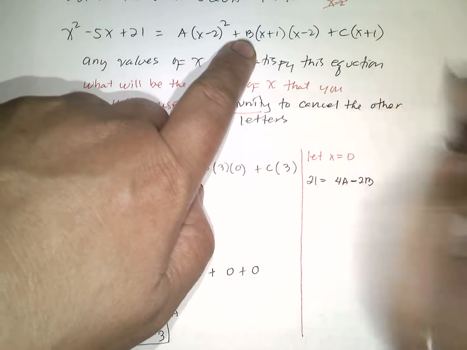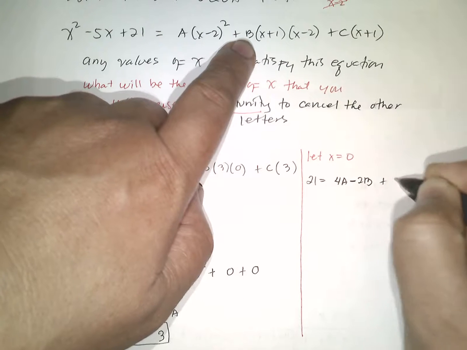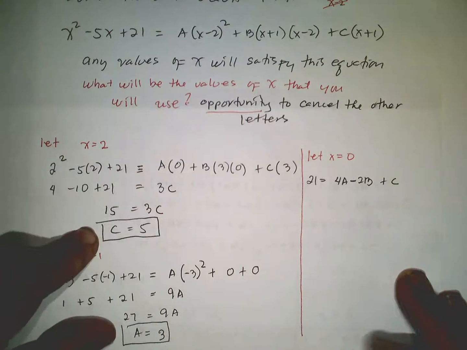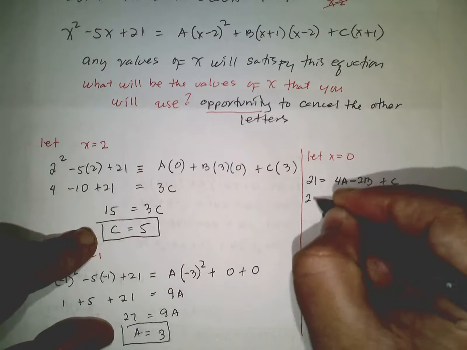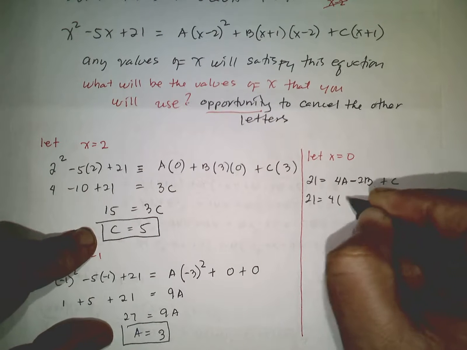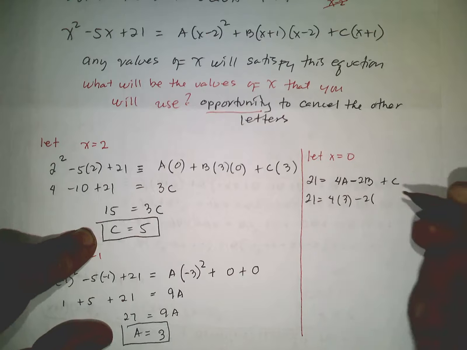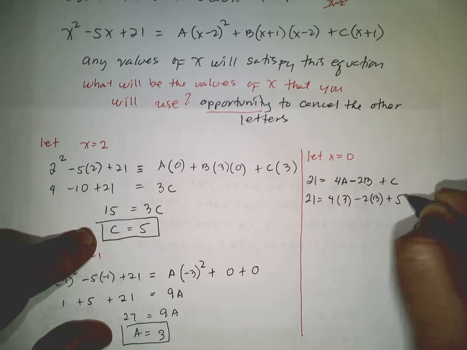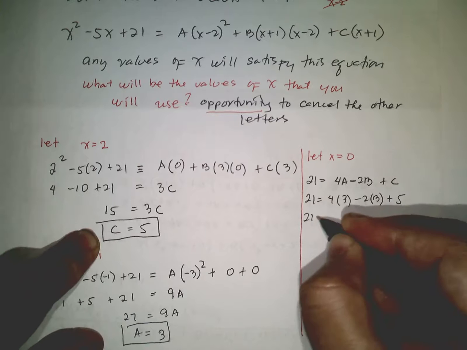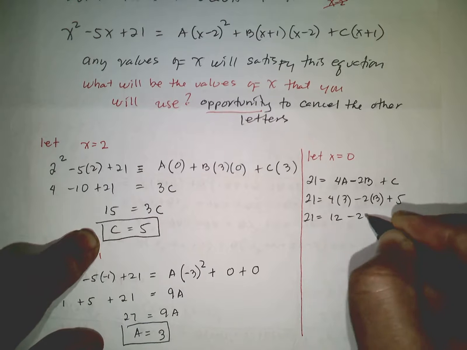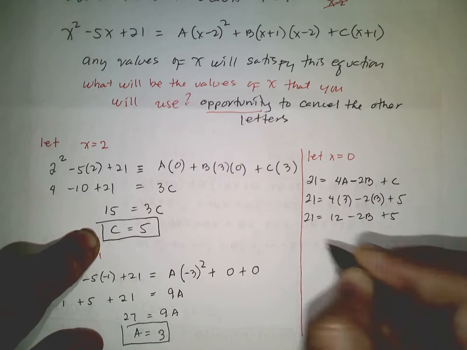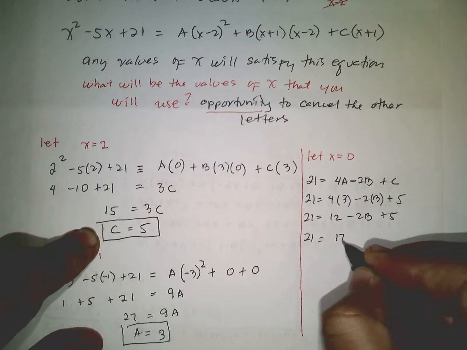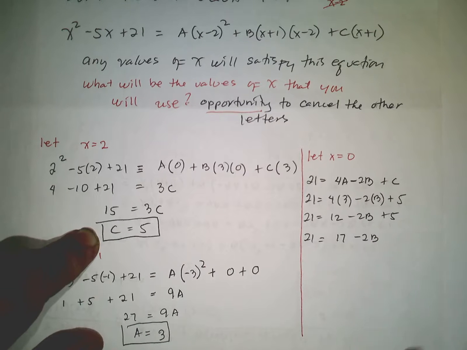If that is 0, then this is going to be plus c. However, we already know the values of our c and a. So therefore, 21 is equal to 4 times 3 minus 2 times b, we don't know the b, plus 5. So that is 21 equals 12 minus 2b plus 5. 21 equals, this is 17 minus 2b.